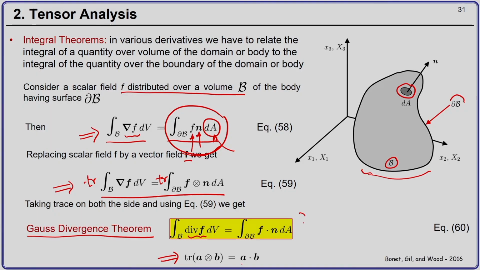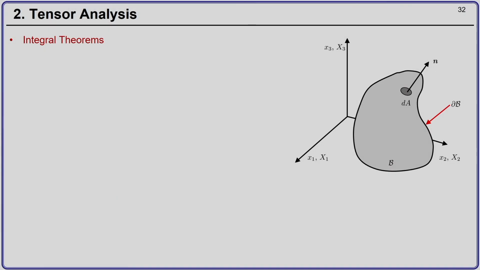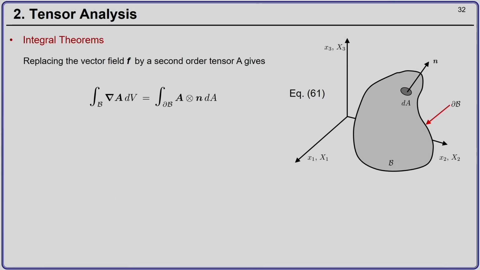So, you need to always remember this theorem, that divergence of a vector field integrated over a volume will be equal to the vector field dotted with n integrated over the entire area. Now, we can extend this to second order tensor. Instead of a vector field, now if you have a second order tensor field A, then what do you get?